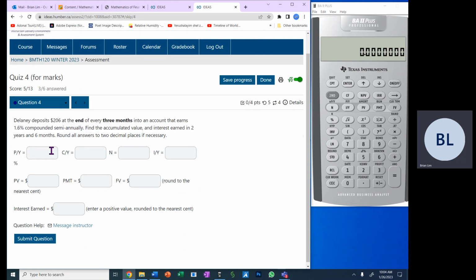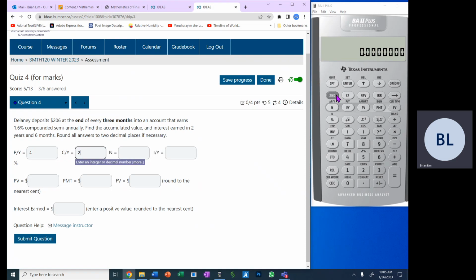So here we are. And if we were to fill in these boxes, remember the deposits are at the end of every 3 months. So PY would be 4 times per year. And the compounding is done semi-annually. Okay, so if that is semi-annually, then CY would be equal to 2. All right, with that information, we can go now to the calculator and put in some information.